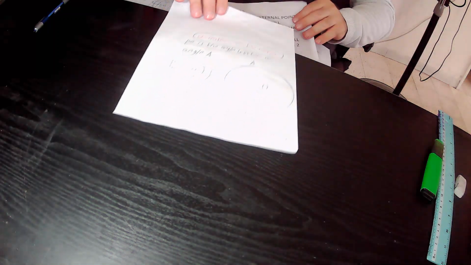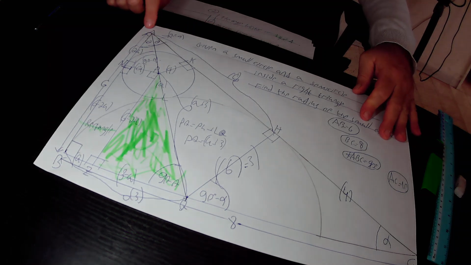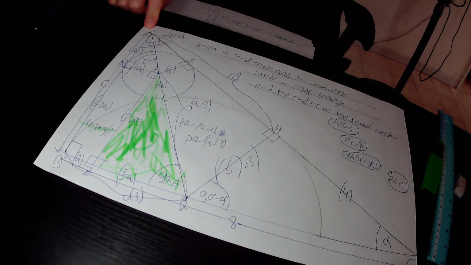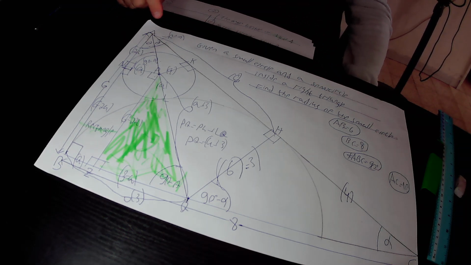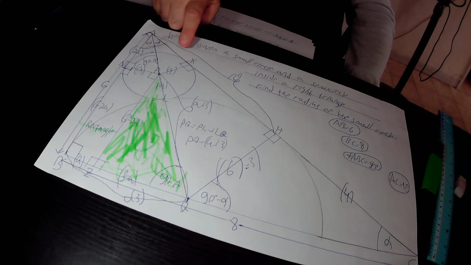We can implement rule 15 in our drawing. Why? Because in our drawing, this is the connection point, point A. From this connection point, point A, we have 2 tangents to this small circle, tangent AN and tangent AK. By drawing the 2 tangents AN and AK, we created this angle A. And according to rule 15, the angle bisector of this angle A must pass through point P, that is the center of this small circle.